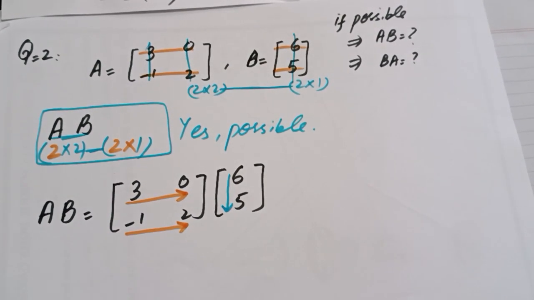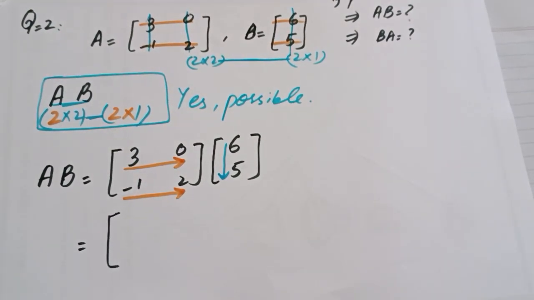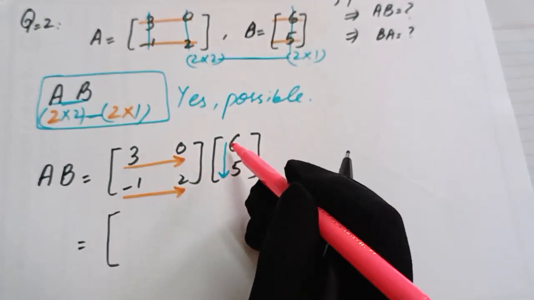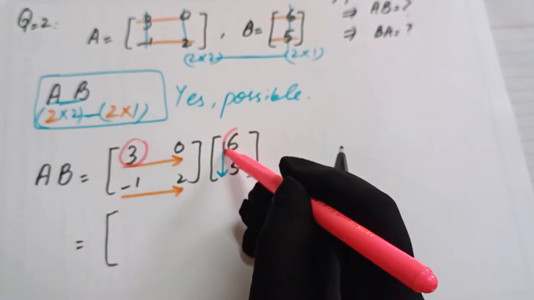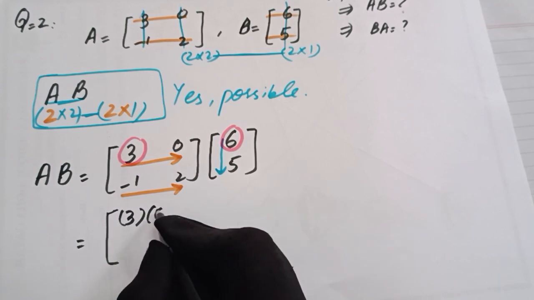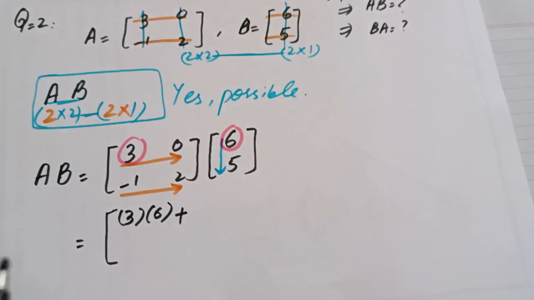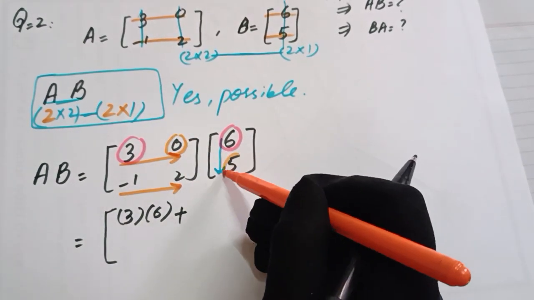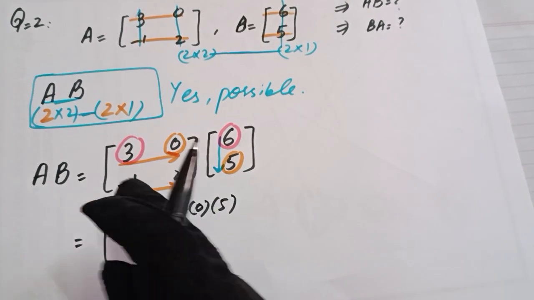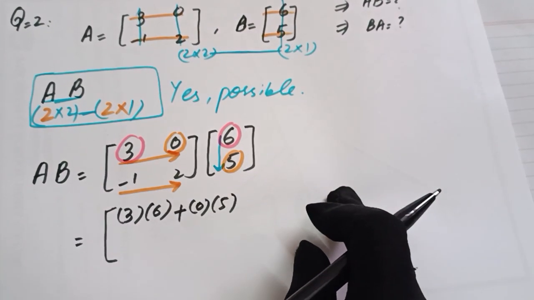Now let's start our multiplication. This is our first element. Tail multiply tail plus head multiply head: 3 multiply 6 plus 0 multiply 5. Because one arrow is multiplied and the arrow is finished, we will not go to the second element.